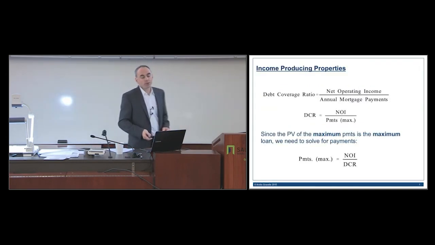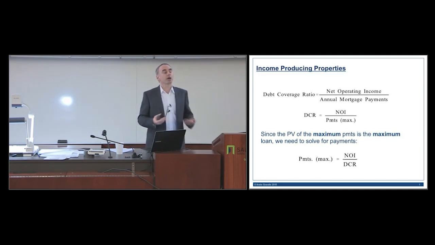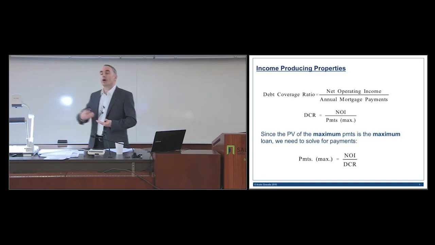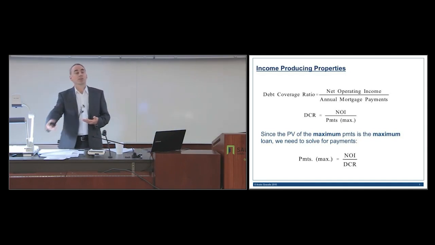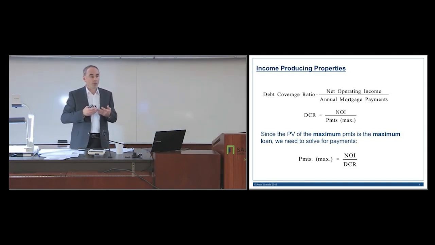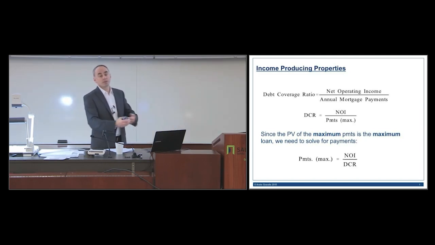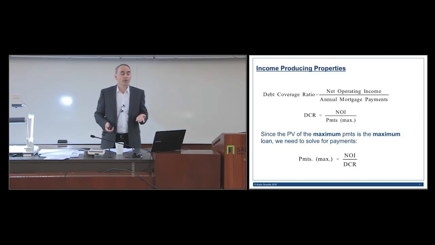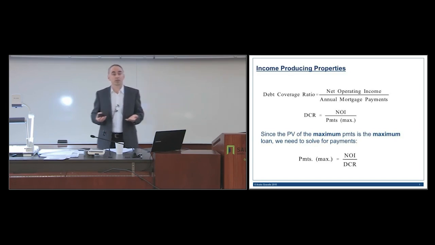So for income-producing properties, the debt coverage ratio, it's a ratio, so it's something relative to something else. It's a ratio of net operating income, so that's the income that comes in, relative to the annual mortgage payments, the payments that go out. So net operating income is income that's net of operating expenses.